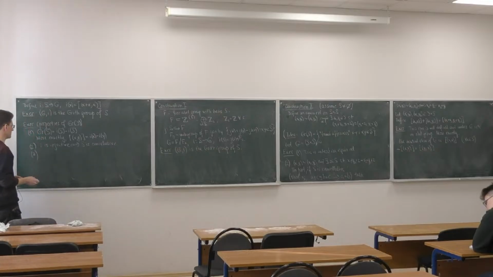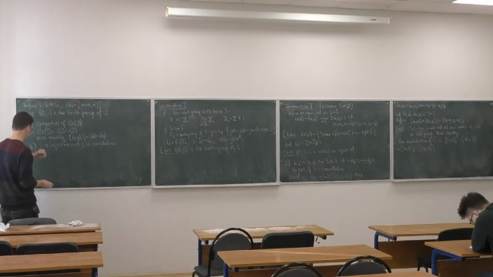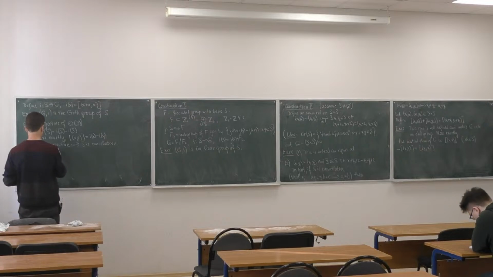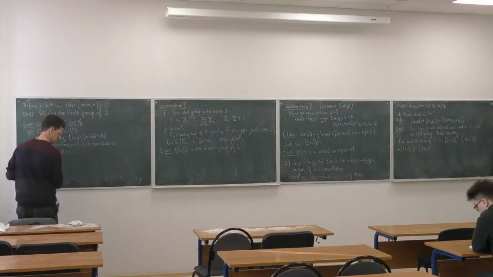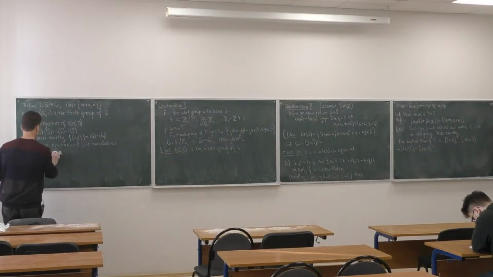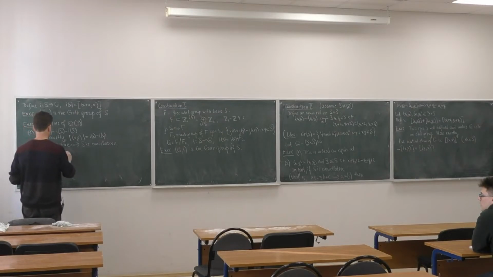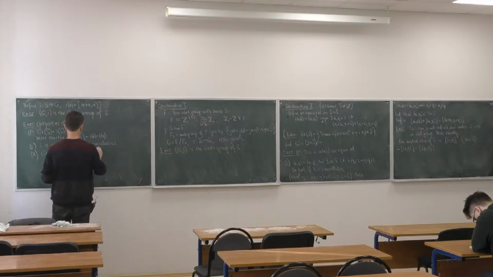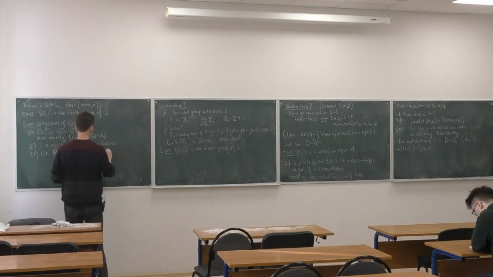Property 3 is that the Grothendieck group depends naturally on S. This is a functor from the category of abelian semigroups to the category of abelian groups.